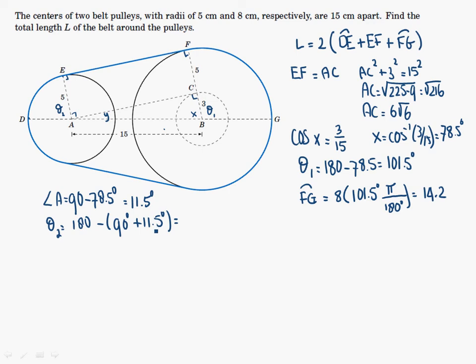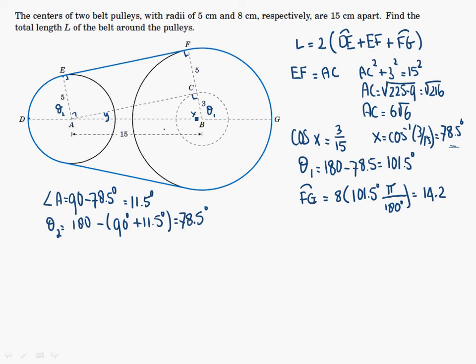So what do we end up with for theta 2? What do you end up with? Did you wonder for a moment if that was right because we already used that angle once? Yeah, they're the same angle, aren't they?